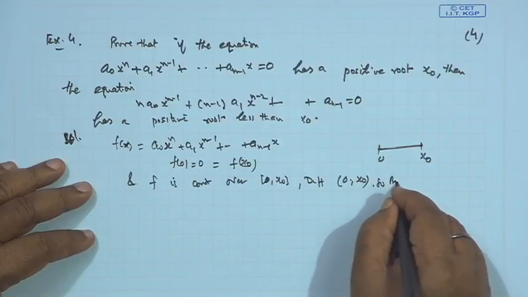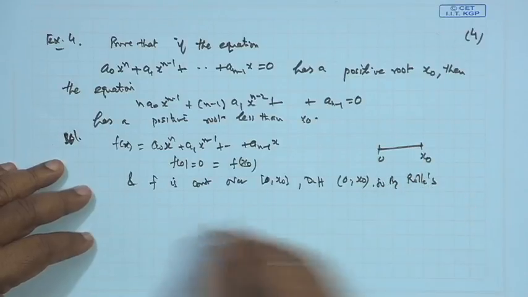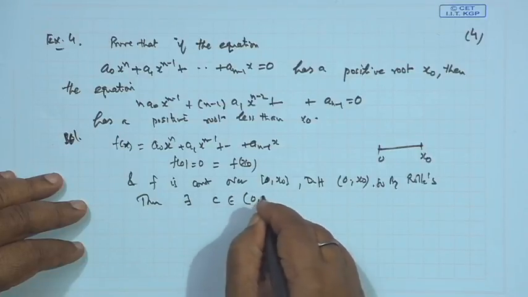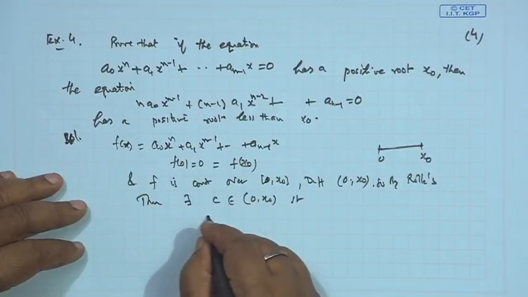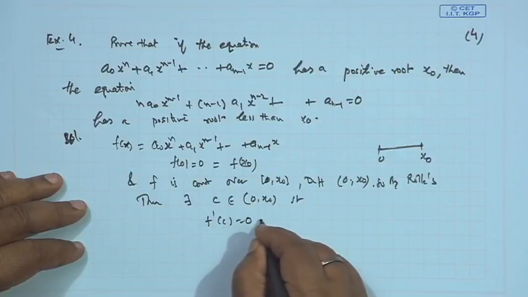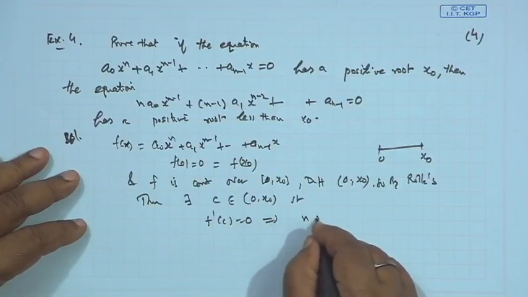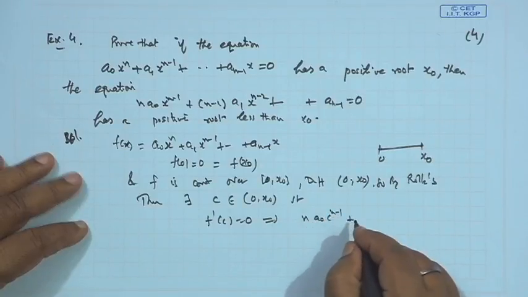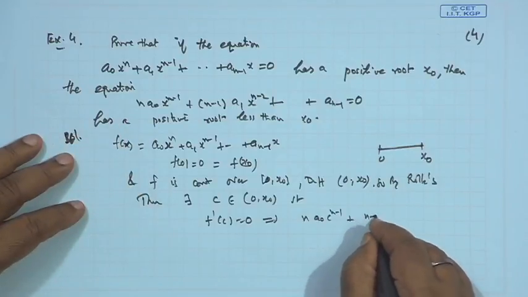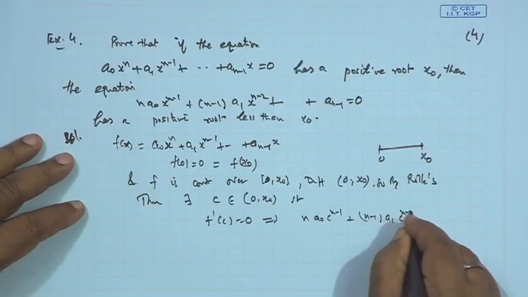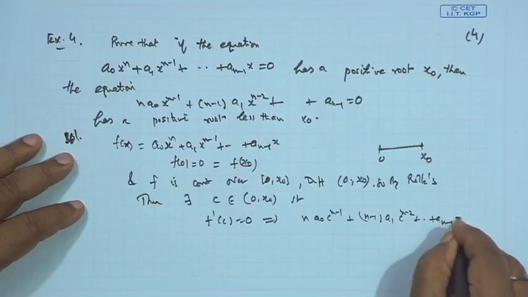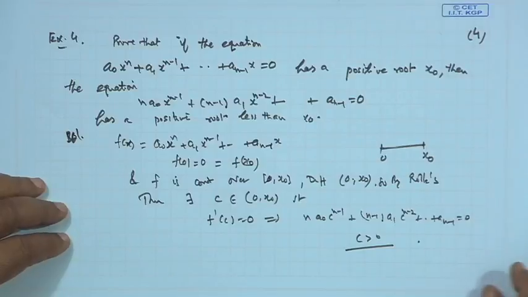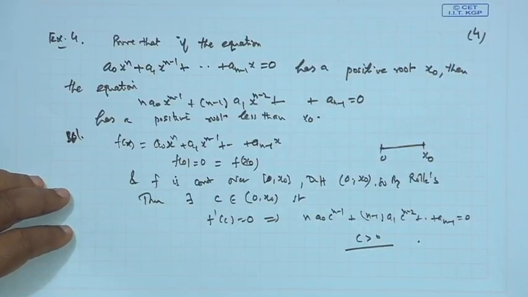So, by Rolle's theorem, there exists a point c in the interval 0 to x naught such that the derivative of this function vanishes. The derivative means n a naught c to the n minus 1 plus n minus 1 a 1 c to the n minus 2 plus up to a n minus 1 is 0, where c is positive, and that is the answer we are looking for.